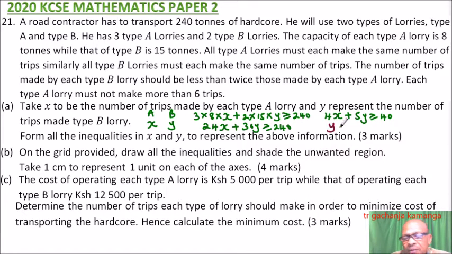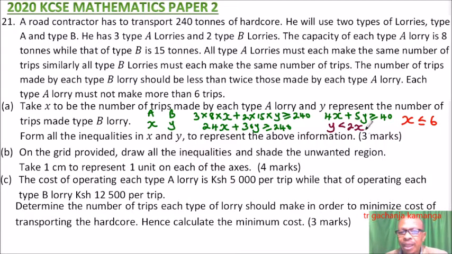The number of trips by lorry type B should be less than 2x, twice the number of trips made by lorry A. We are also told each type A lorry must not make more than 6 trips. So it means X should be less than or equal to 6.